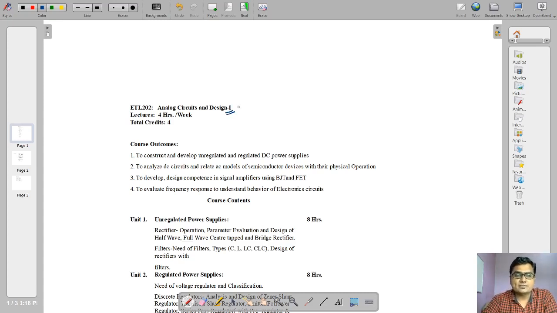In the next semester, again you will have a subject, Analog Circuits and Design 2. So total circuit theory is divided into two parts. One part you will learn in the first semester, that is in this semester, and the second part will be there for next semester. So this is the course name, Analog Circuits and Design 1.